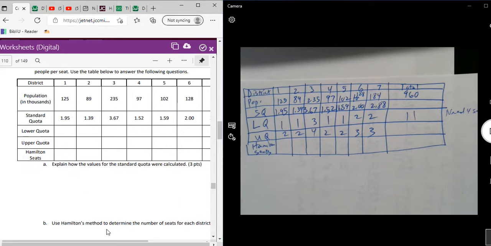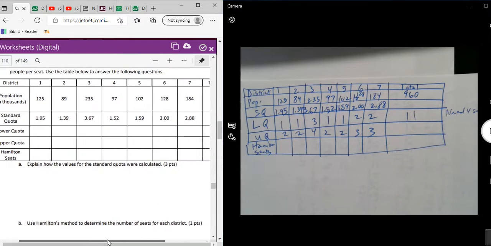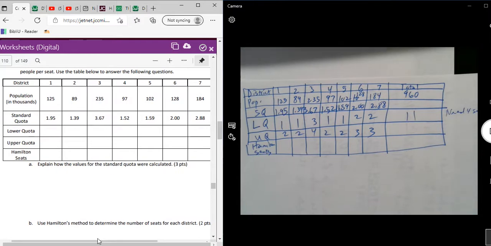For 12A, it says explain how the values for the standard quota were calculated.